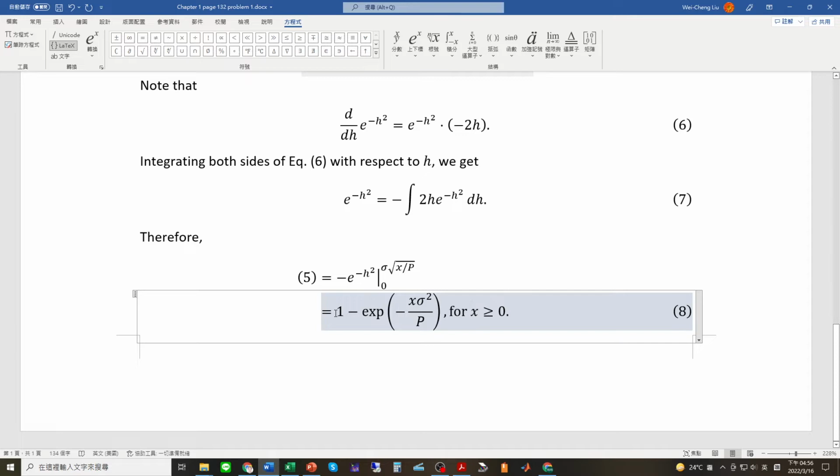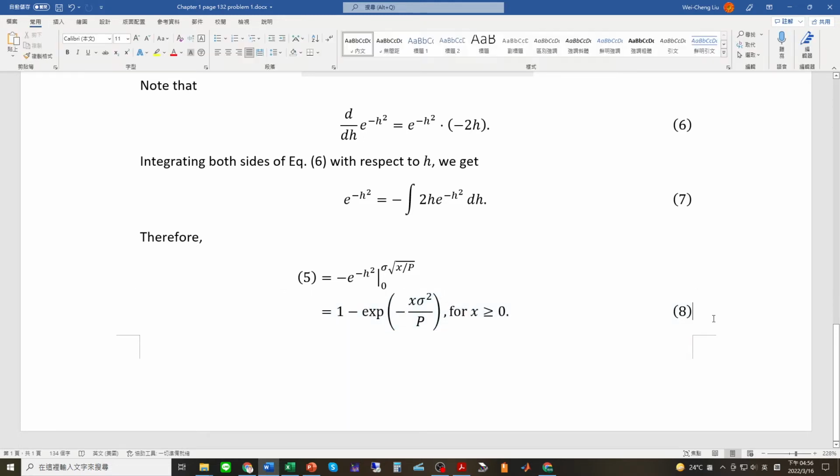And it is equal to 1 minus exponential of minus x times sigma squared over p for x being greater than or equal to 0.